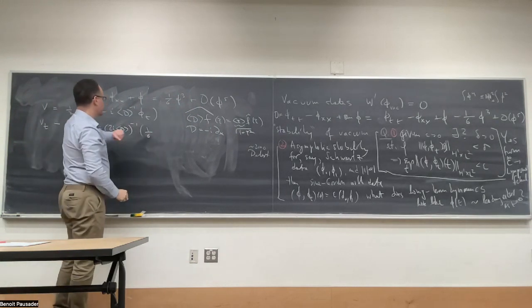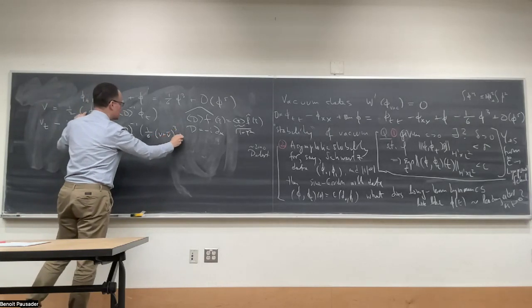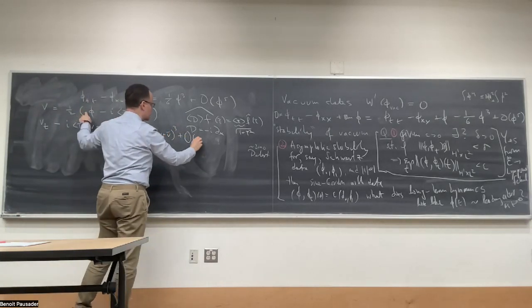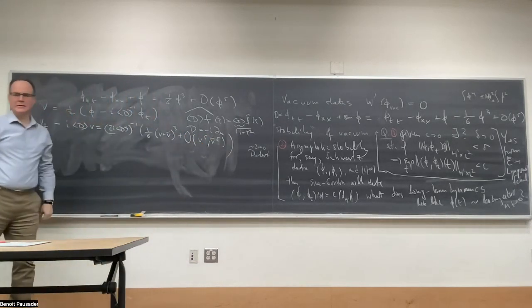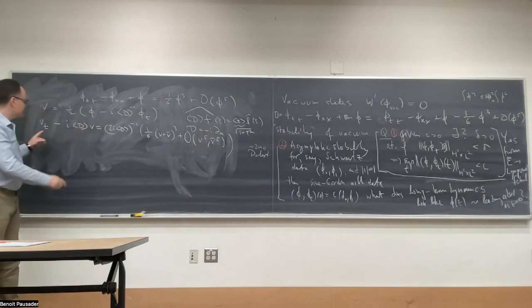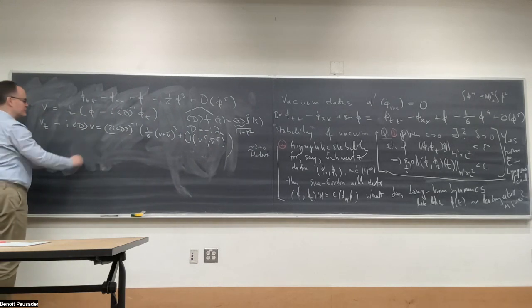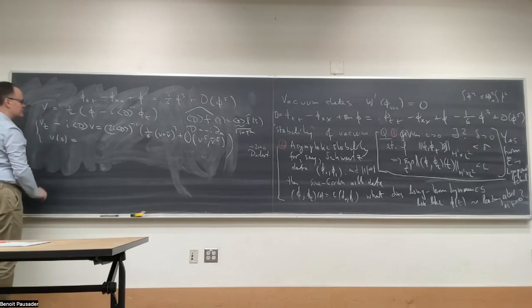So what is phi? That would be v plus v bar cubed plus big O of v to the 5 and v bar to the 5. All right. And why did we do this? Because we now have very conveniently just one initial condition.